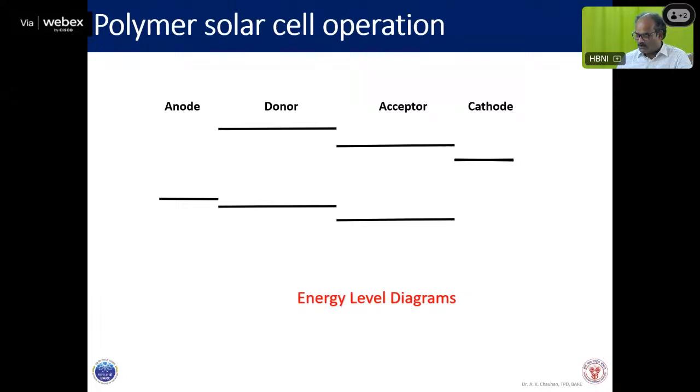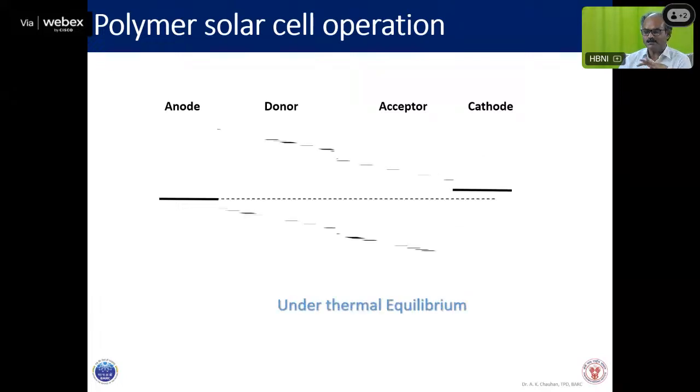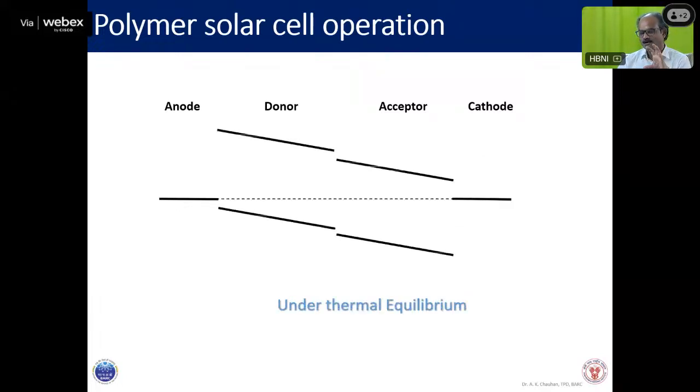So now imagine you have just joined one donor and one acceptor together, and you have made two connections with two different metal elements. One will be the cathode, one will be the anode. So now this I can call a very basic device of a polymer: just replacing silicon N-type and P-type with donor and acceptor, and putting an anode and cathode.